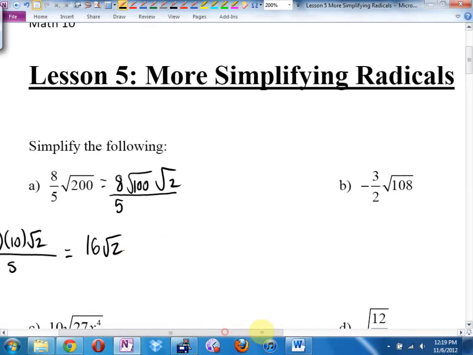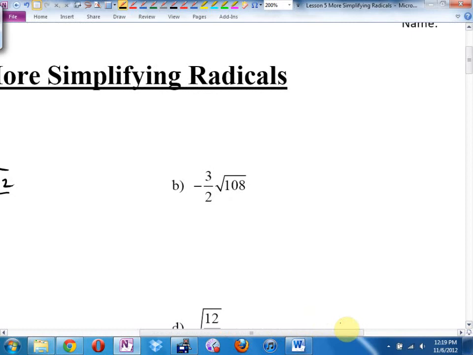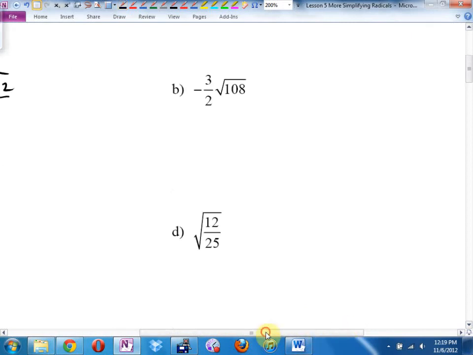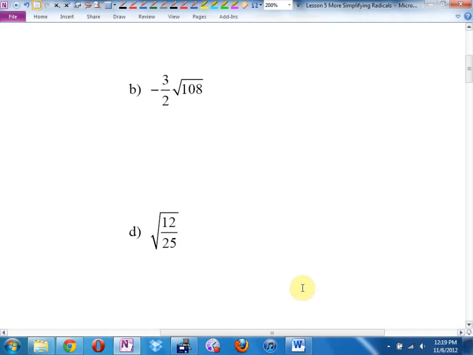Let's try another one. I don't think this is what you have for B, is it? Well, then fix it. Negative 3 over 2 root 108. That's the question we're going to do together. And I'm going to do the same idea again here. I'm going to put an equal sign.